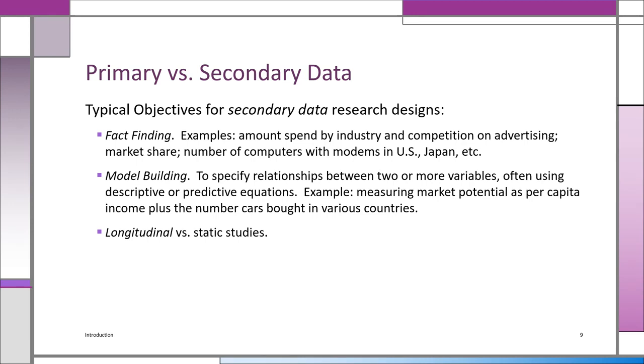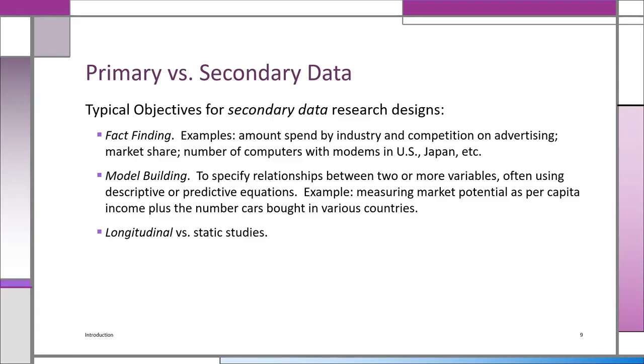Maybe the amount spent by different industries or by different corporations inside an industry on advertising, maybe related to market share, maybe things having to do with technology, laptops, iPads, cell phones in different countries, Wi-Fi availability in different locations. So a fact-finding study is a perfect example of when you need secondary data rather than going out and collecting it on your own.